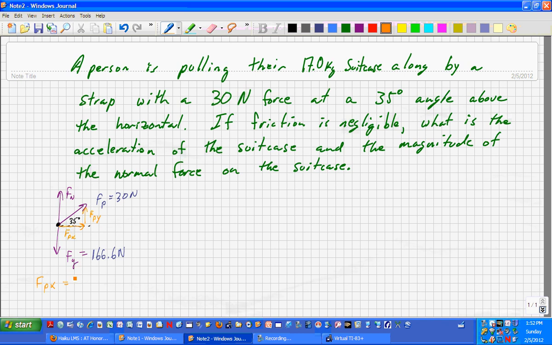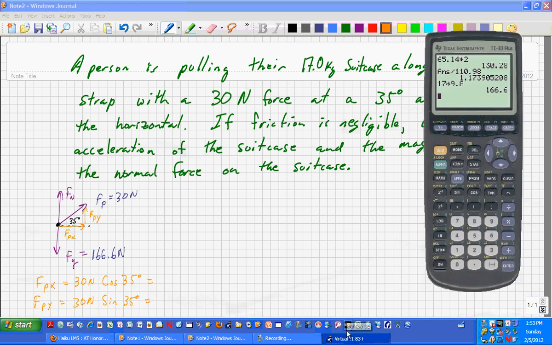So we would use cosine. So we'd have 30 newtons times cosine 35 degrees. So that means that Fpy is going to be the opposite. So that would be the opposite side. This is my hypotenuse, 30 newtons. So it's going to be 30 newtons times sine of 35 degrees.